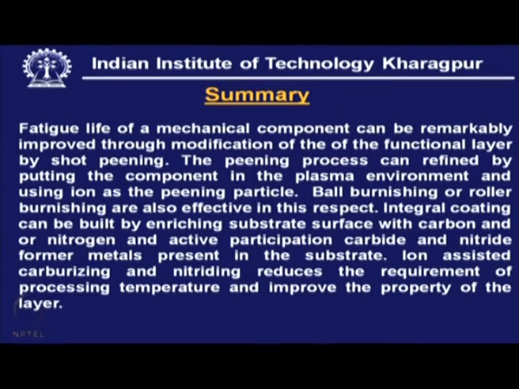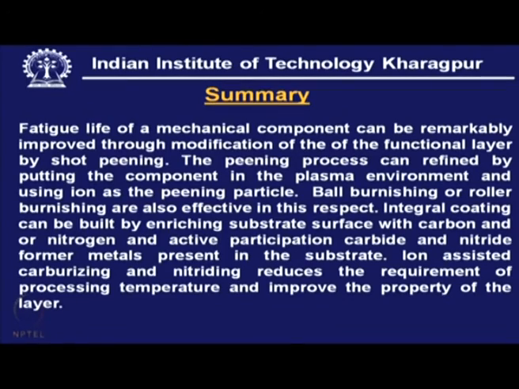integral coating can be built by enriching the surface with carbon or nitrogen, and in this case of course, active participation of those carbide or nitride forming elements is essential. Now, when these carburizing or nitriding processes are ion assisted, we can reduce the requirement of the processing temperature.